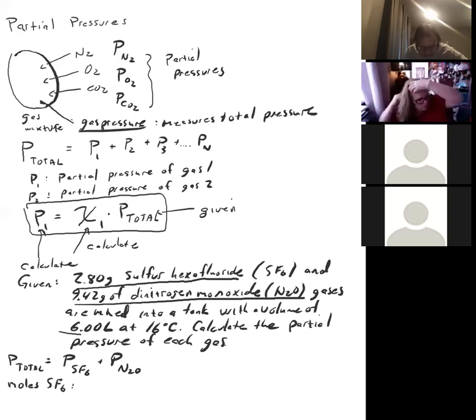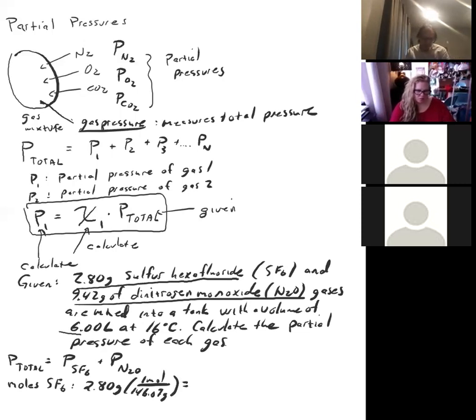We have 2.80 grams for SF6 and 1 mole. Let me do the calculation here. SF6 is 32.07 for sulfur and 6 times 19.00. So that's 146.07 grams. So for SF6, the number of moles, do a reciprocal here, is 0.01917.